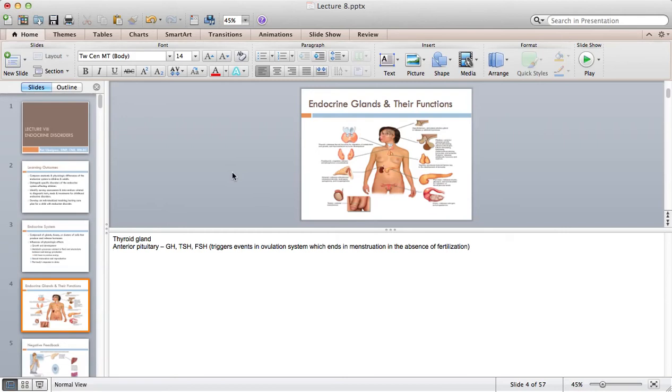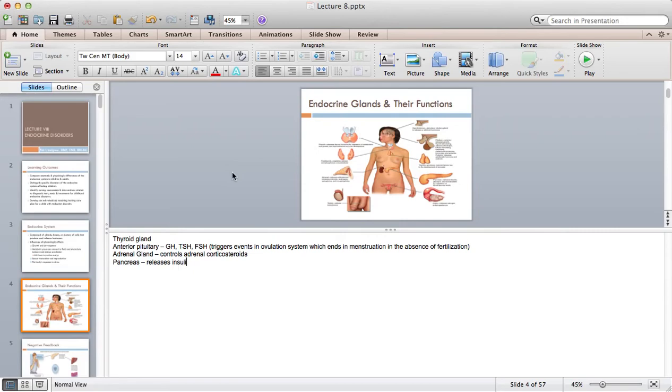We also have the adrenal gland, which controls the adrenocorticosteroids, which are chiefly the minerals or the steroids of the body. We also have the pancreas, which releases insulin and glucagon.